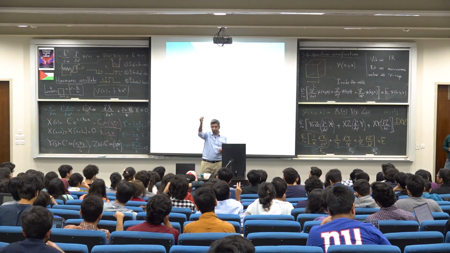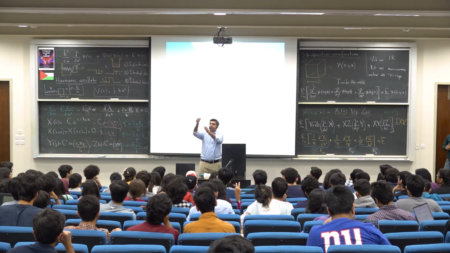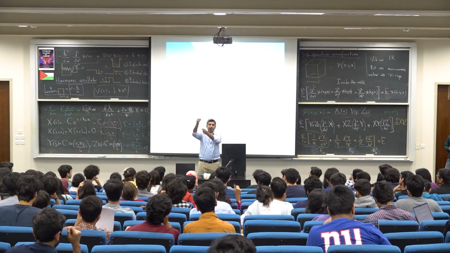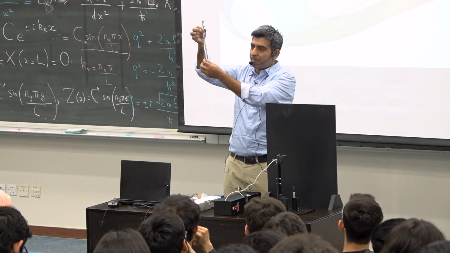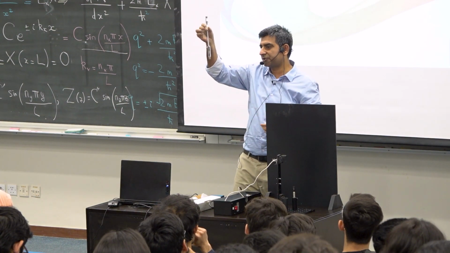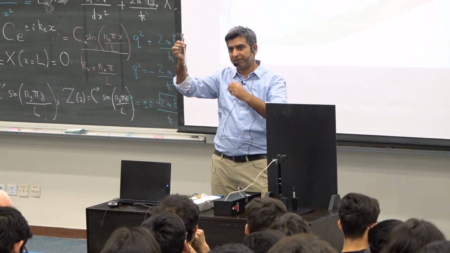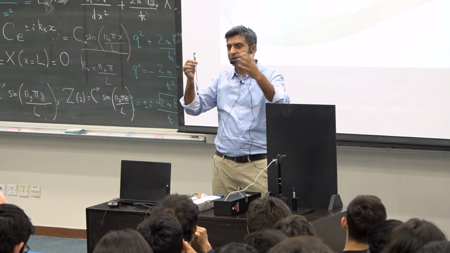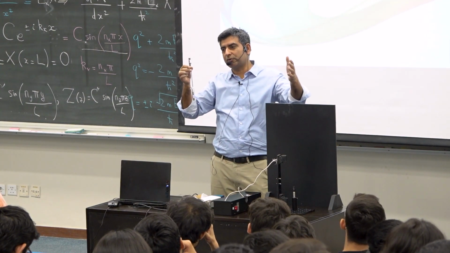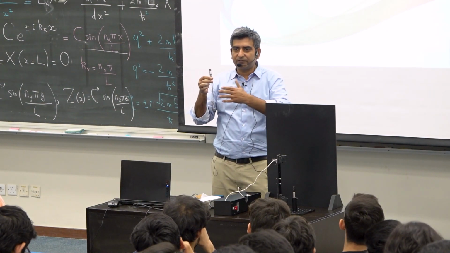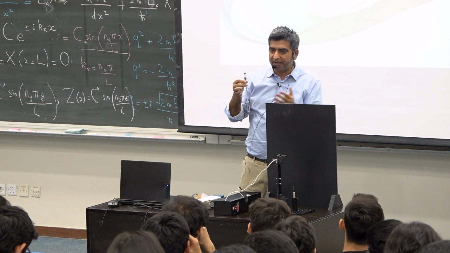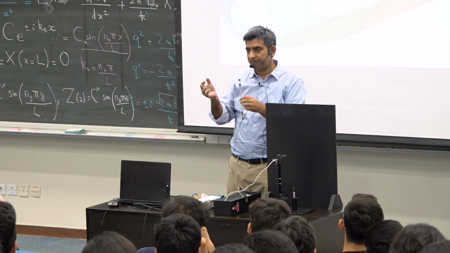This is a hydrogen tube and it has two electrodes, and I give it a high electrical voltage. So this discharge takes place. When discharge takes place, it gives off different colors. It produces photons of different wavelengths. Now by looking at the spectrum of that emitted light, I can tell what the energy levels are.